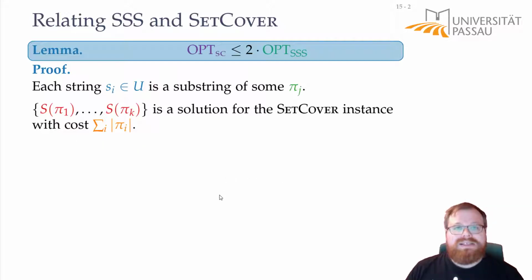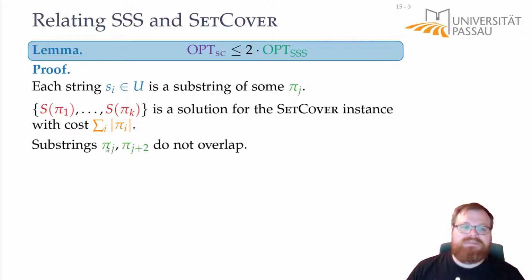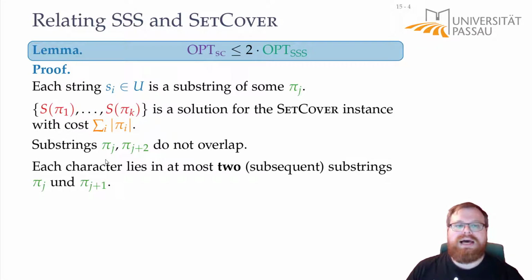And we also know that no two substrings pi_j and pi_(j+2) overlap. So the only overlap you can have is between consecutive strings. And that means if we look at a very specific character of our string S, then this can only lie in at most two of these pi strings. So every character in our optimum solution of the superstring instance is covered at most twice by every set of the set cover.